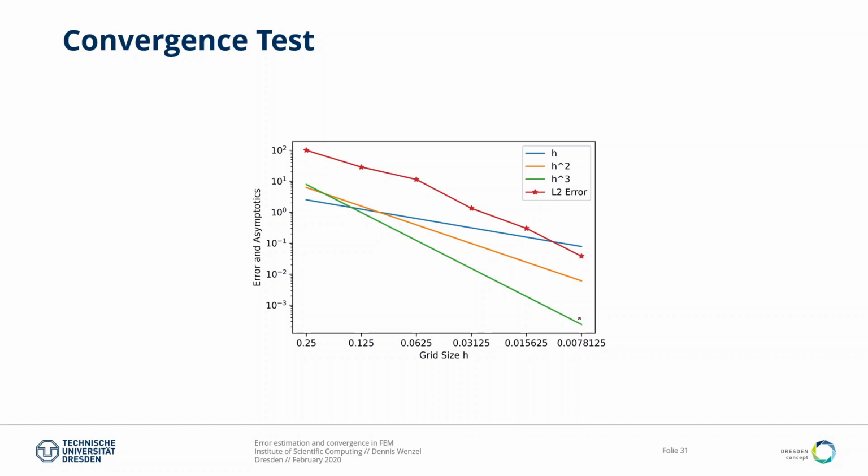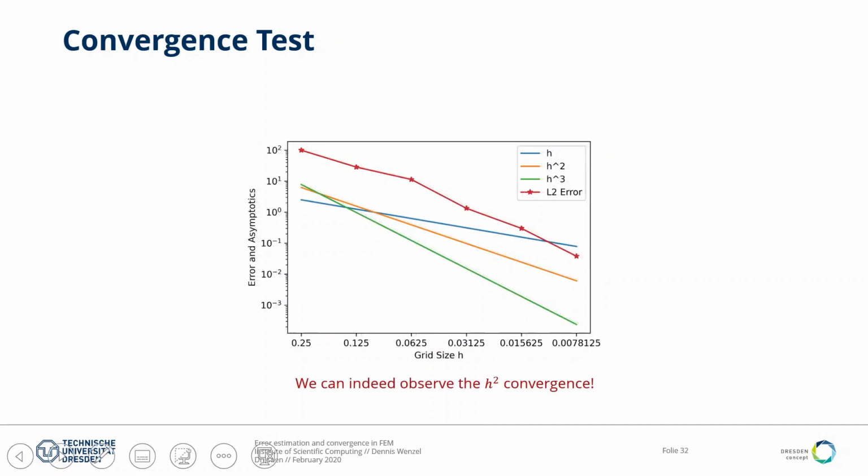So you can see that green is decaying faster than our L2 error. However, the distance between the red line and the yellow line is roughly staying the same. And that perfectly matches our theoretical predictions, because we can indeed observe that our L2 error decays in a quadratic way. That's what theory was prescribing.